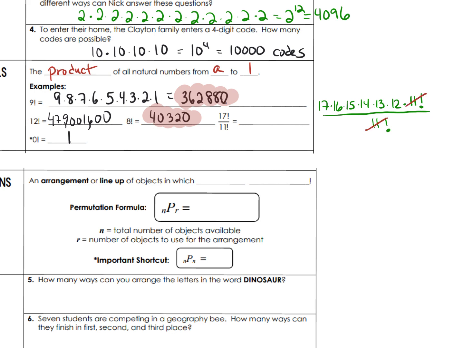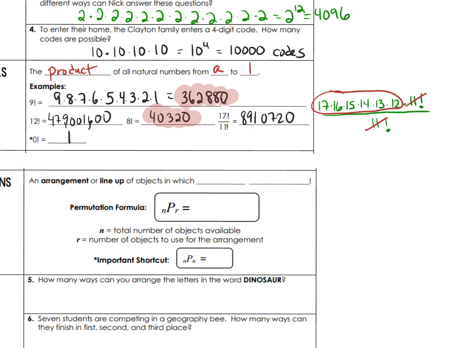And now if I want to do 17 factorial over 11 factorial, I just have to multiply these numbers. 17 times 16 times 15 times 14 times 13 times 12. Still a big number. This is going to be 8,910,720. So still a very big number, but doing the factorial math would be a lot easier than taking this and multiplying all the way down to 1 and then dividing it by all the numbers down to 1 as well.